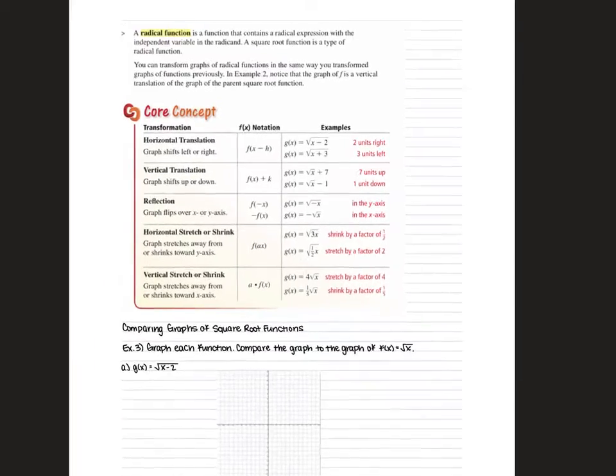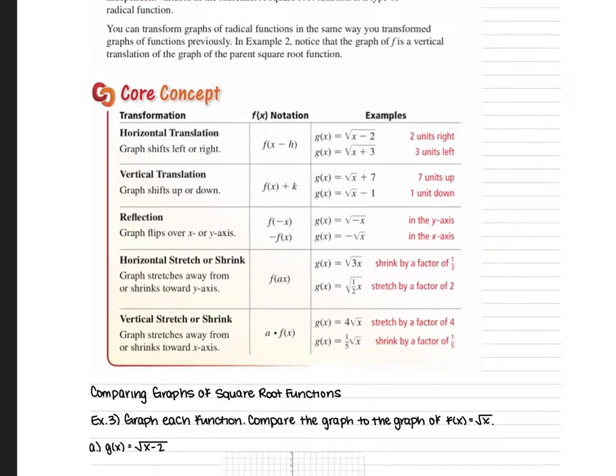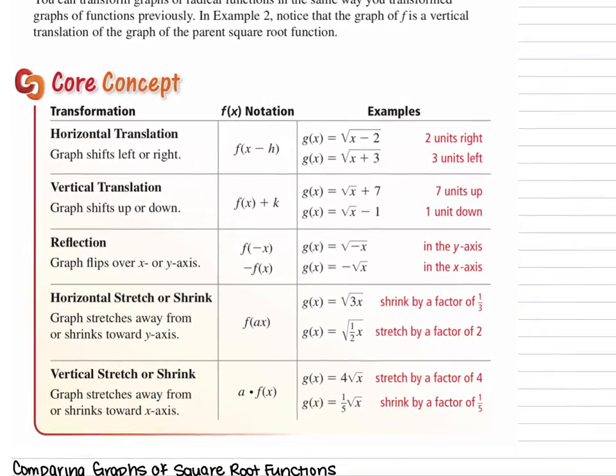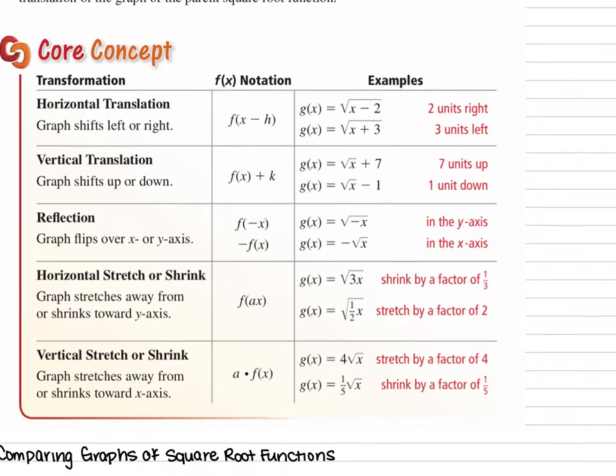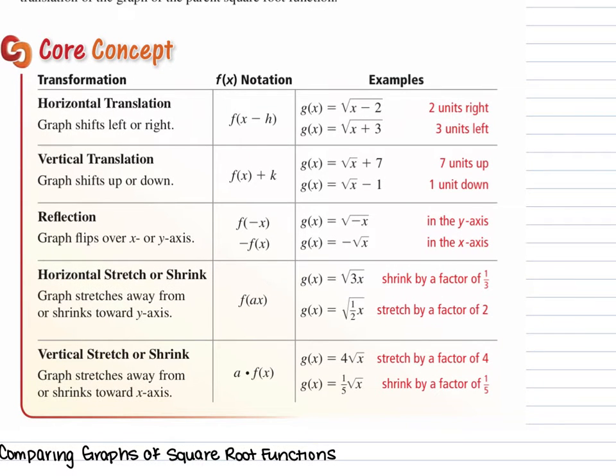Our next examples for this part are going to be focusing on these transformations you see from this table. This is the table that I was explaining to you before that tells you all of your different transformations that's later on in your lesson. So with these, we look at each of these transformations separately. We have a horizontal translation, meaning right or left, if the plus number or minus number is underneath the radical. If it's something like the square root of x minus 2, that means we're going to the right 2 units.